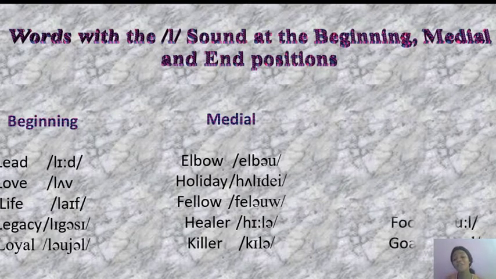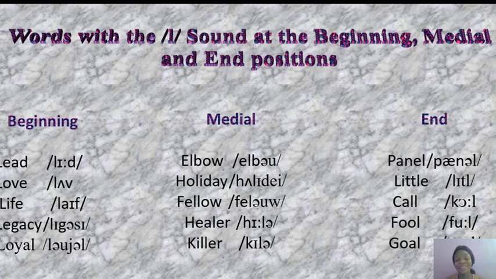Now, let's go over to words with the L sound at the end. We have panel, like panel of judges. We have little, when something is small. We have call, to make a call.